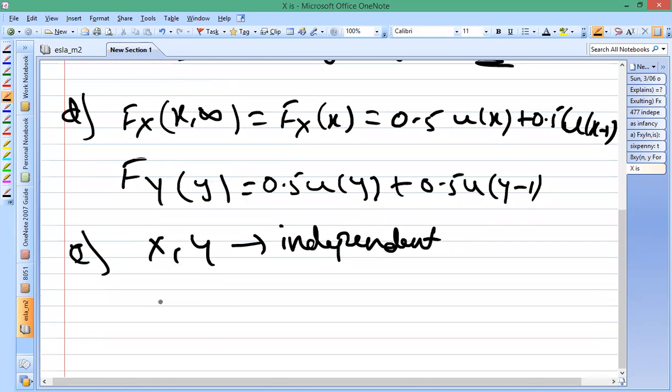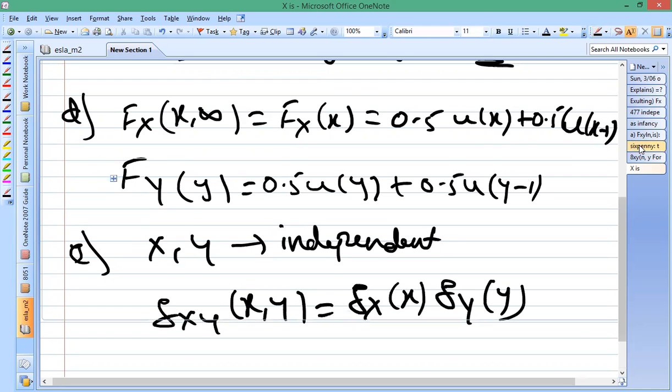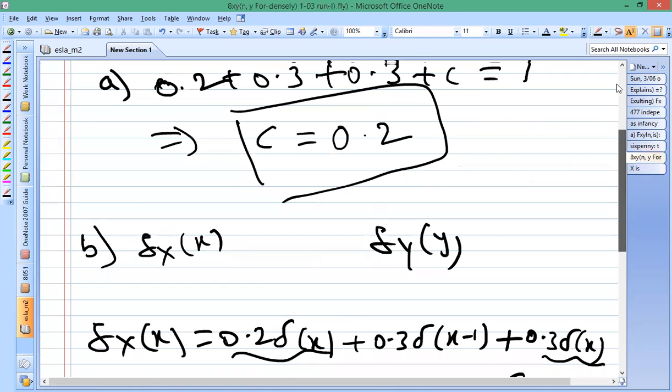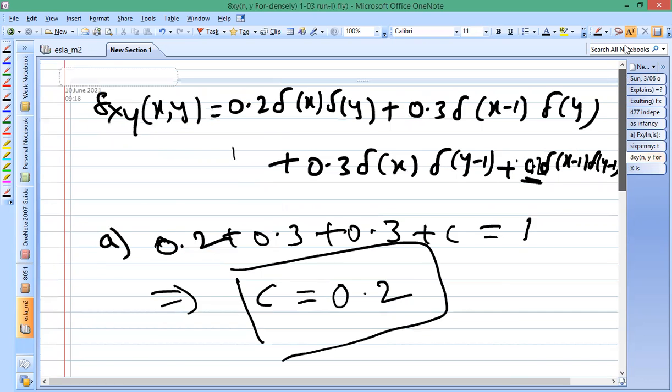So you need to check whether fxy of x comma y is equal to the product of fx of x into fy of y. Here the fxy of x comma y equation is known to us. It is given, and it is defined by this equation.